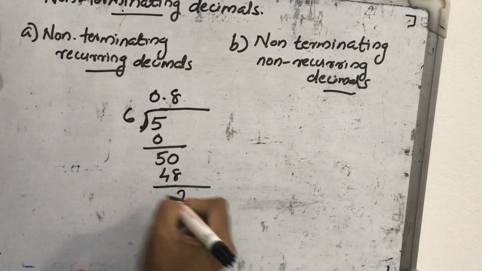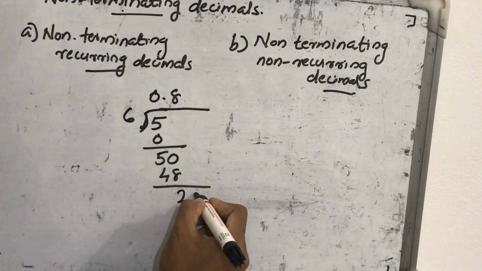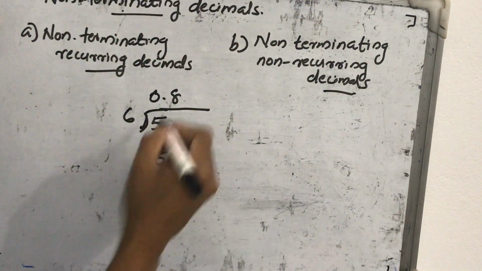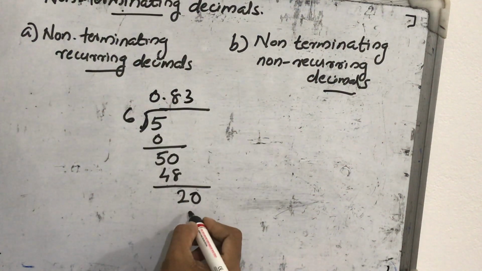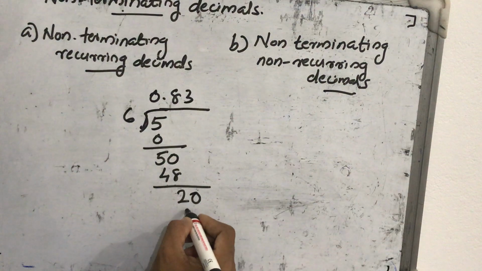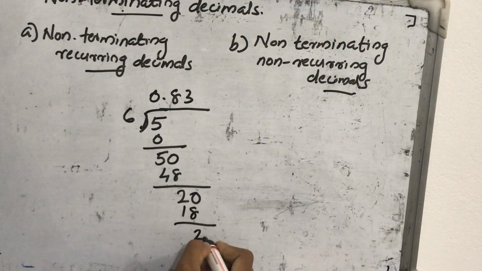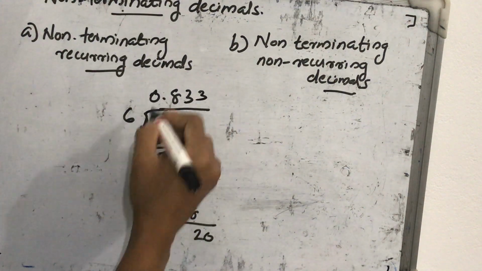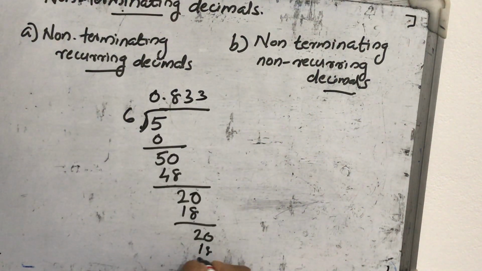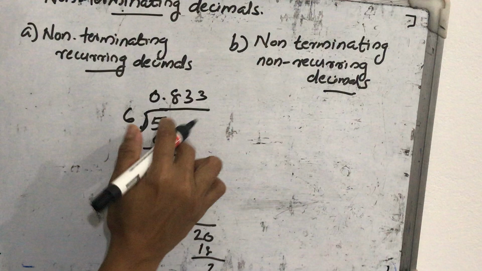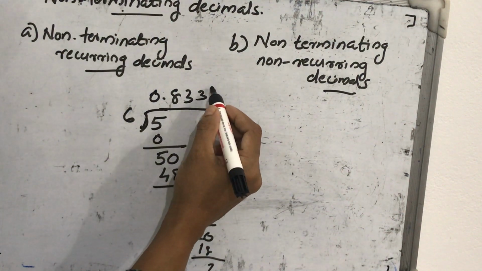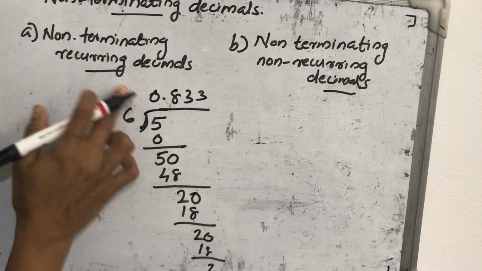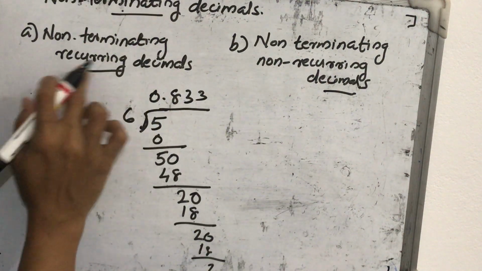Now 2 is the remainder. Now the number becomes 20. In 20, 3 sixes are there. 3 into 6, 18. Now it will be repeating. That is, the digit 3 is repeating always. So in this case also, one digit 3 is repeating, so that also is included in non-terminating recurring decimals.